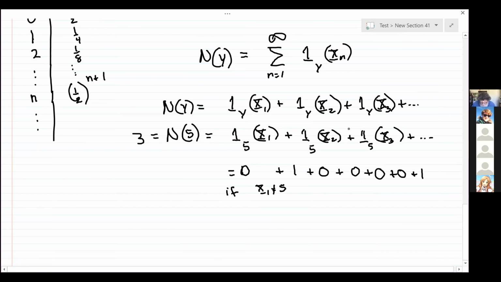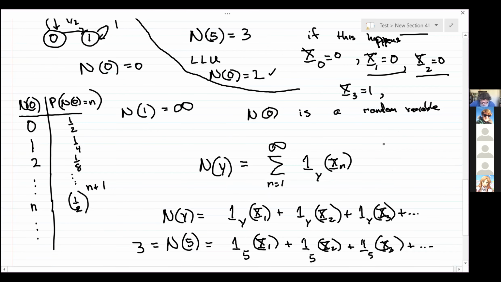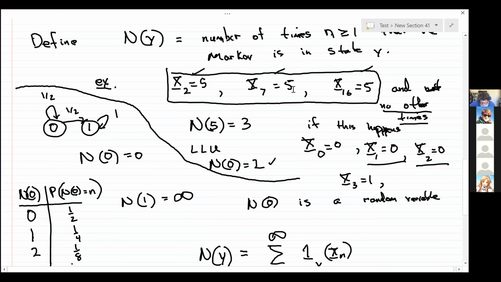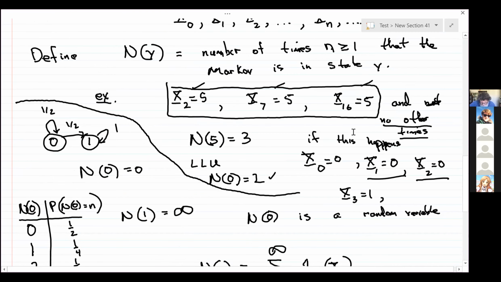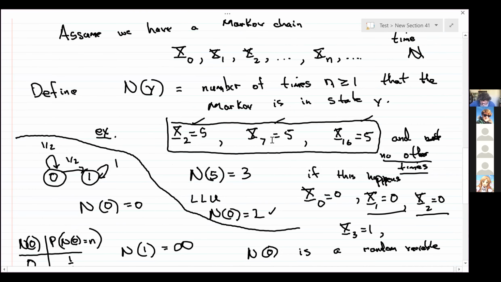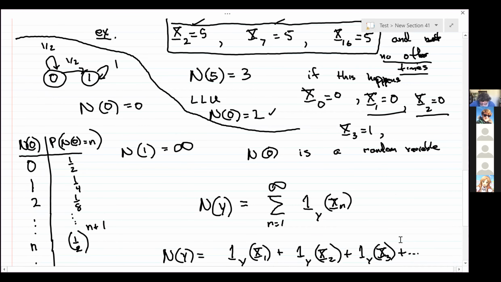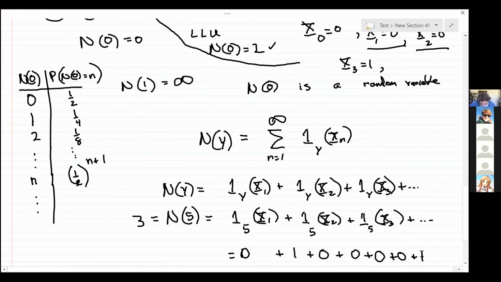Because this is the indicator function of 5 and x7. When you get up to the 7th term here, then you're going to get a 1.